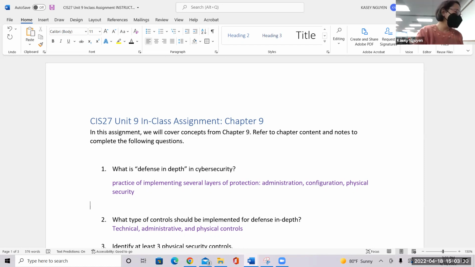So we started with the assignment for Unit 9. In number 2, it asks you what would be the type of control for defense in depth. And you need to know that we need to have technical. That means that we can configure policies like for password accounts. We can configure a firewall, our network intrusion detection system, and so on.